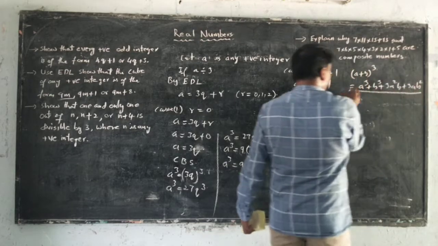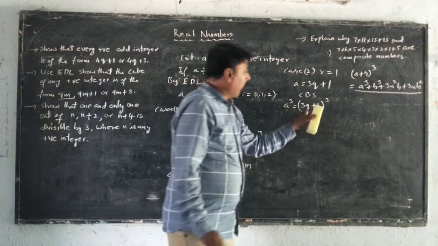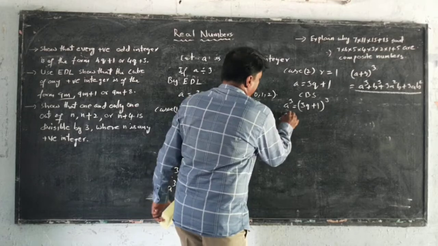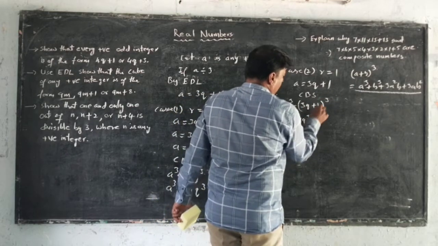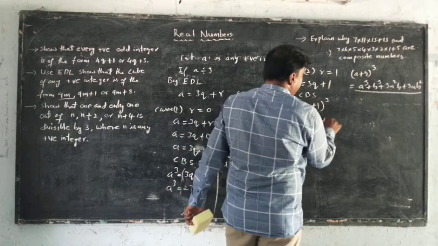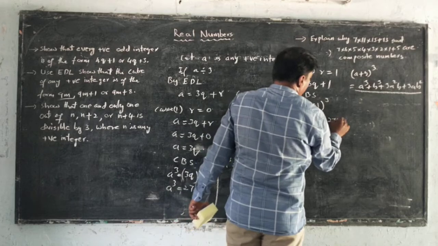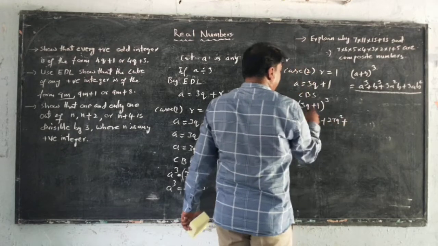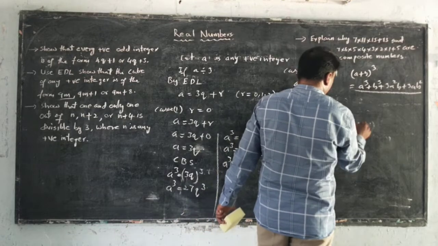This is the formula we used in algebra. By that formula we expand this: 3q whole cube is 27q cube, 1 cube means 1, plus 3a square b, 3 nines are 27q square, plus 3ab square, 3 threes are 9 into 1, that is 9q.